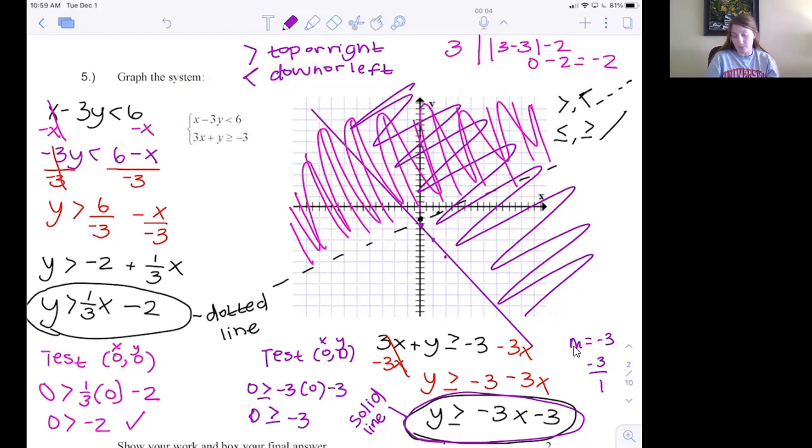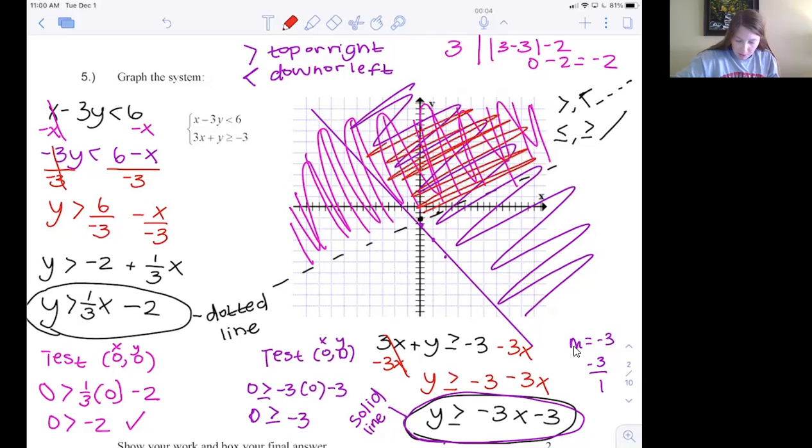So it's true. If it wasn't true, if you got to the end and it was false, that means you would shade the other side of the line, okay? But because it's true, we're shading this side. So it's hard to see, and you won't really need to know this, but for our solution, it's where both of these shadings overlap, which is like right here, this little bit. So where they both overlap is right here.